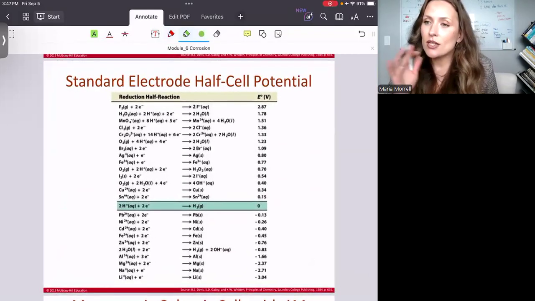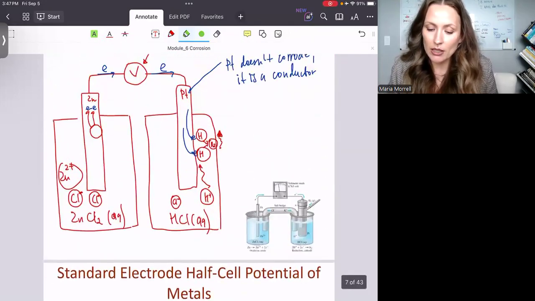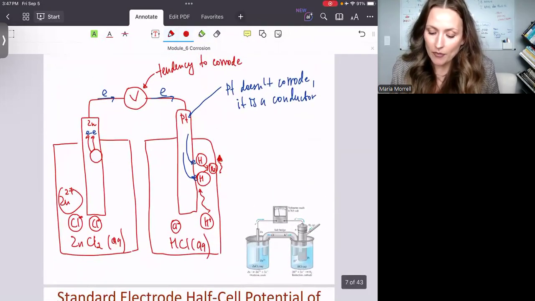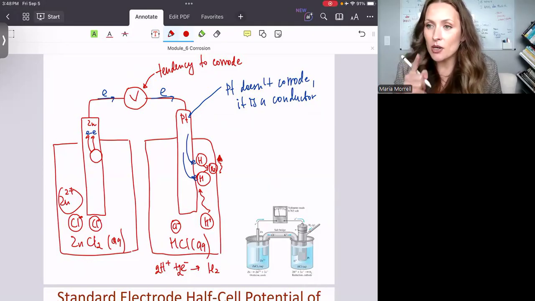And we need to keep in mind that in every single experiment, they capped this reaction, right, at the hydrogen. Oh, perhaps I will repeat it again, the reaction itself, right? This reaction right here, where you have H plus electron, right, gives you hydrogen gas. This is going to be my reference point. So I'm going to assume that this is the zero. And in every experiment, I'm just changing my metal on the left.